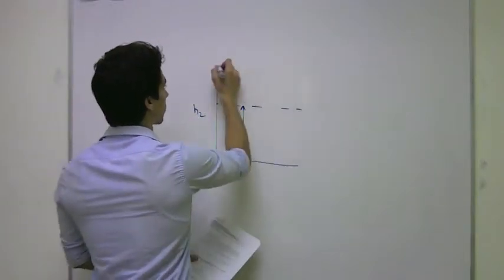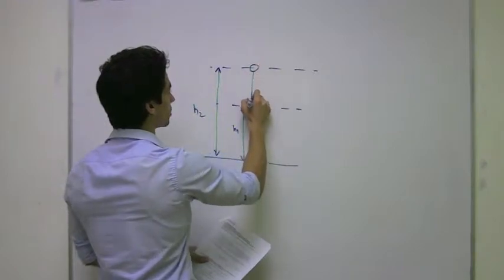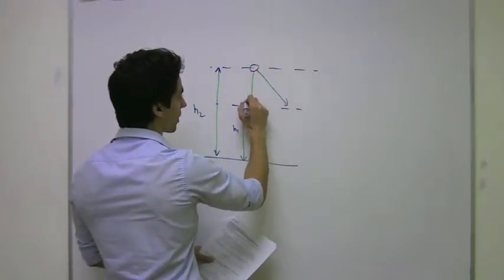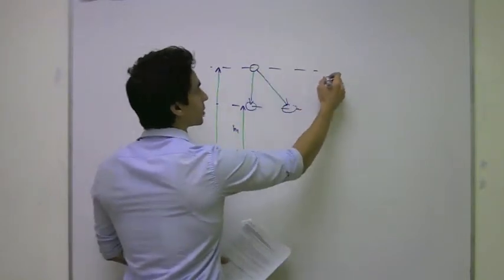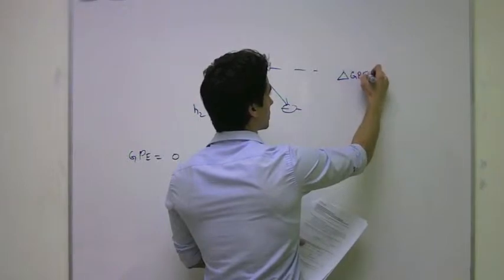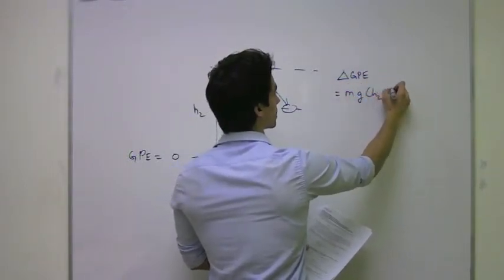If an object moves from height h2 to h1, independent of the path, the change in potential energy is given by mg(h2 minus h1).